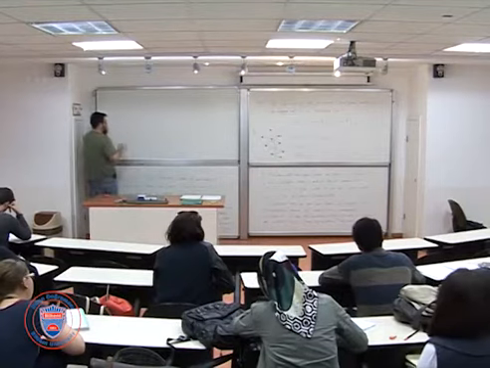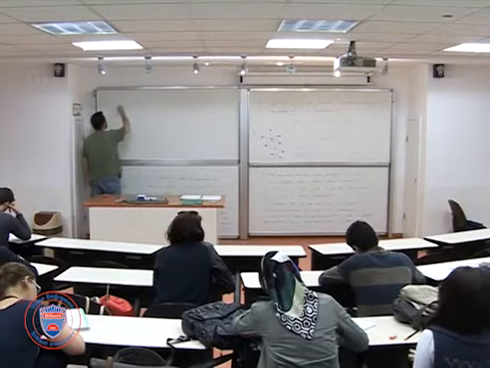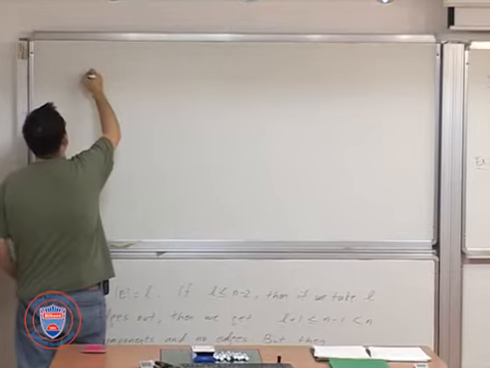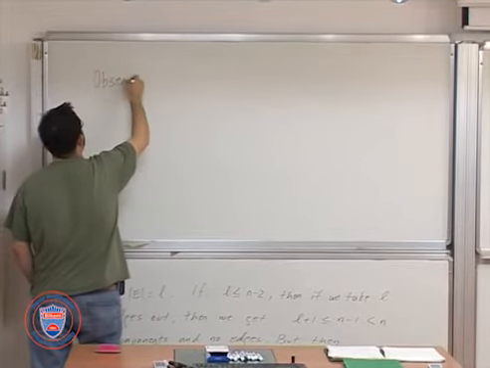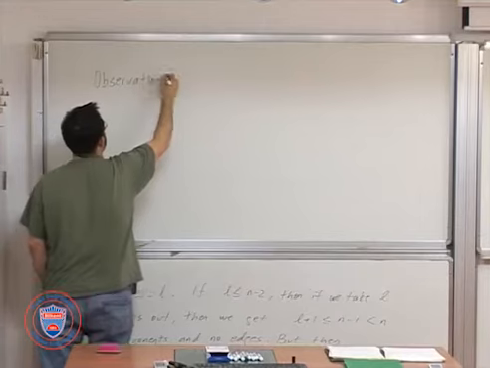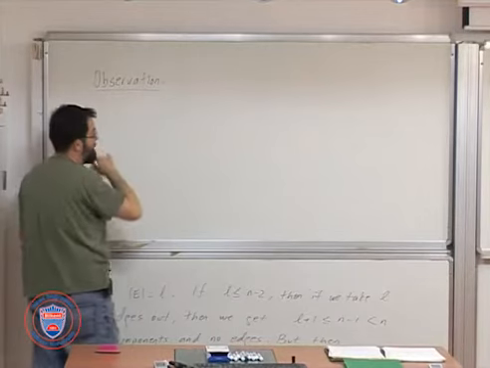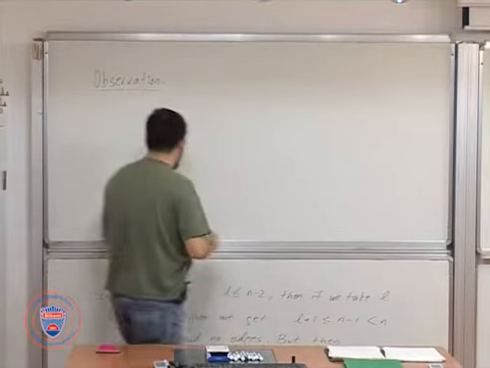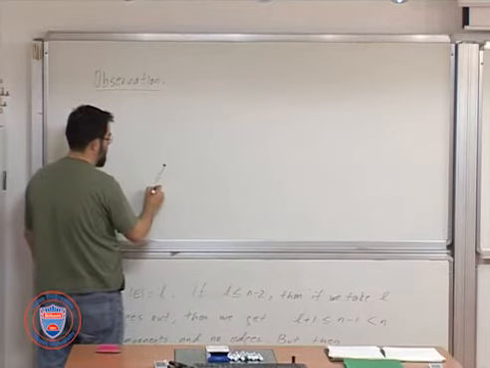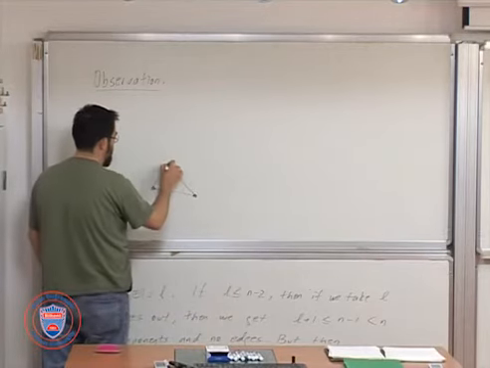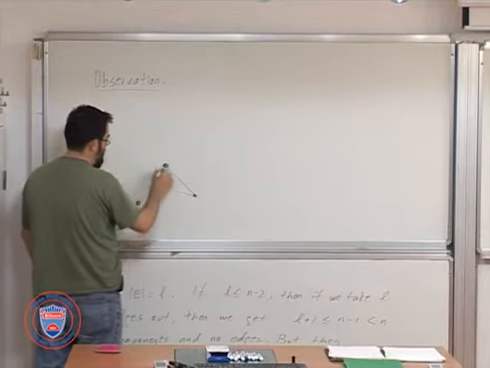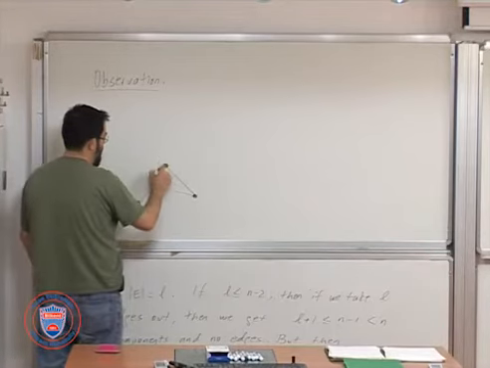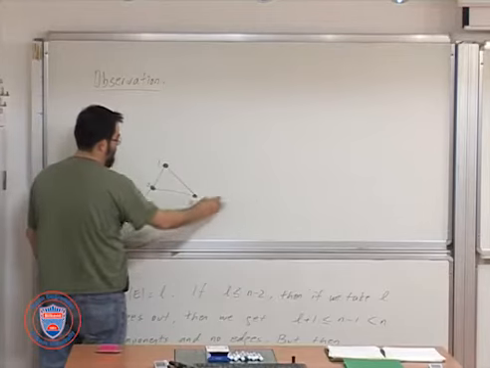For degrees, the most basic observation is this. If you take a graph, say this one, one, two, three, four.